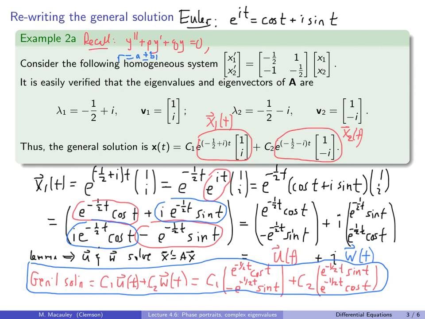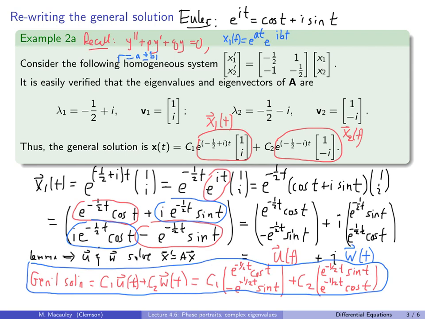Then we have two solutions. Let me just write down one of them. Then we have a solution x1 of t equals e to the a t times e to the I b t.